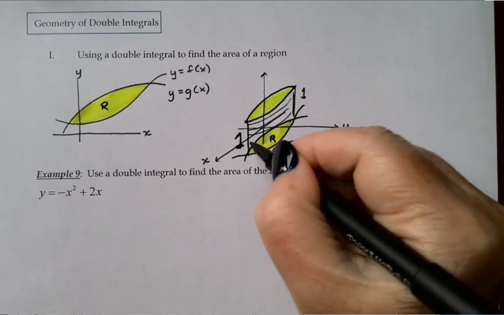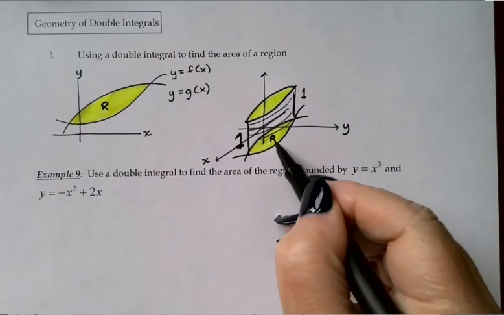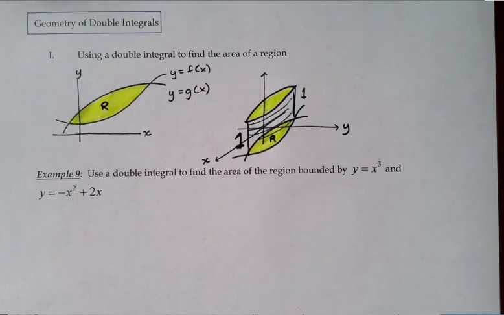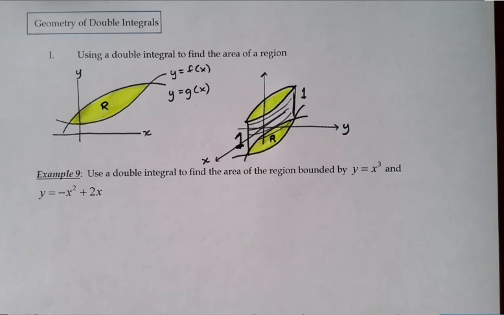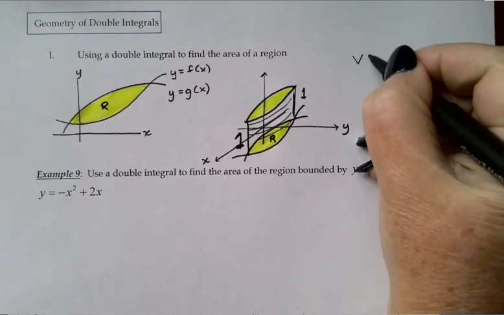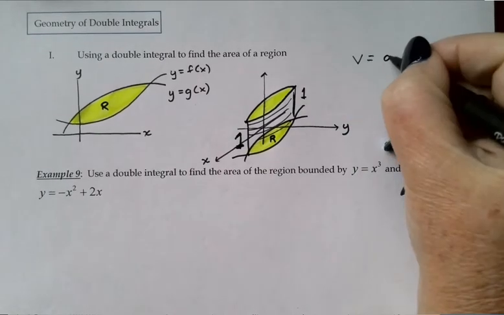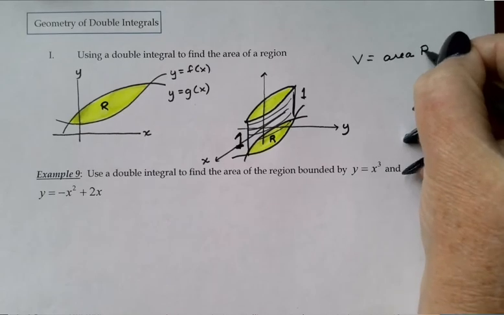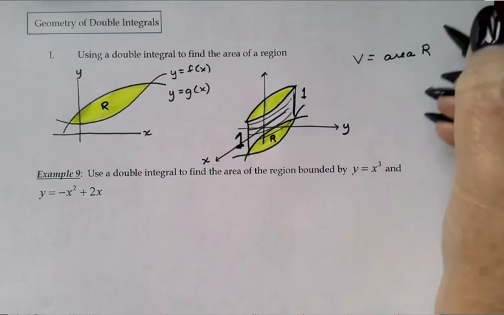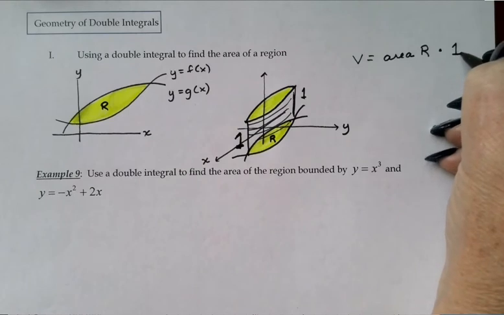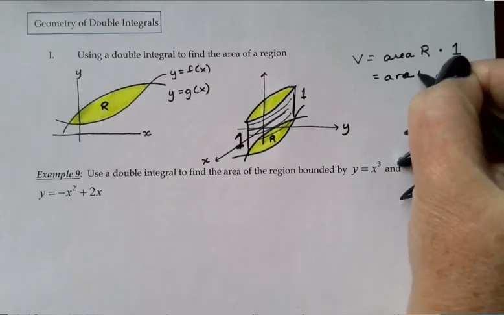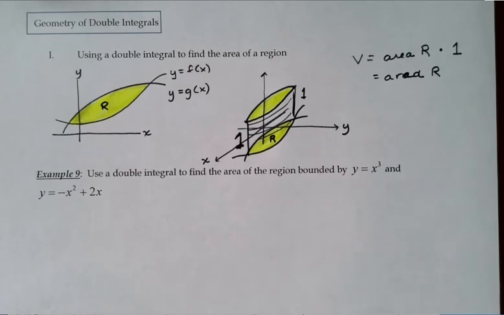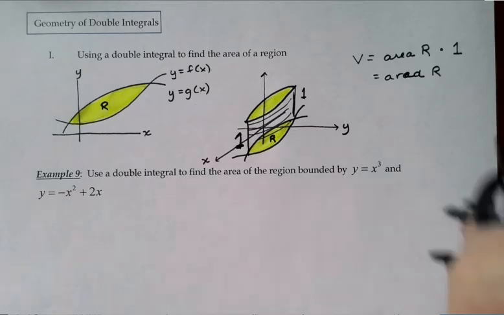I've now got a three-dimensional object whose base is the region R. The volume of that three-dimensional object is just the area of the base, the area of R, multiplied by the height, which is 1. So in fact, the volume is really equal to the area of R numerically.